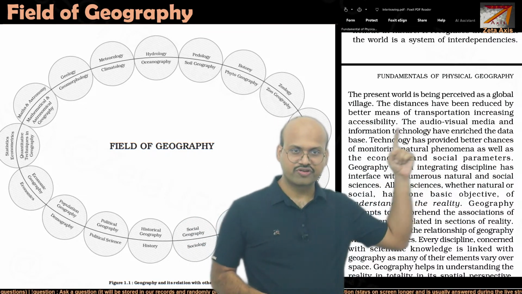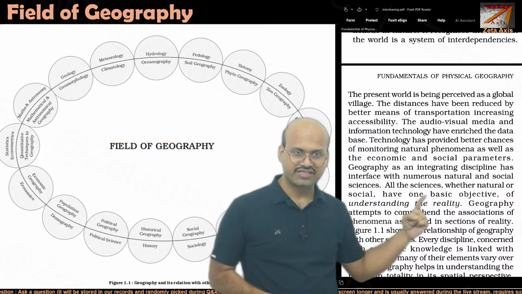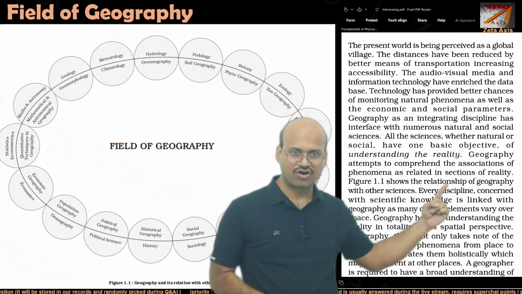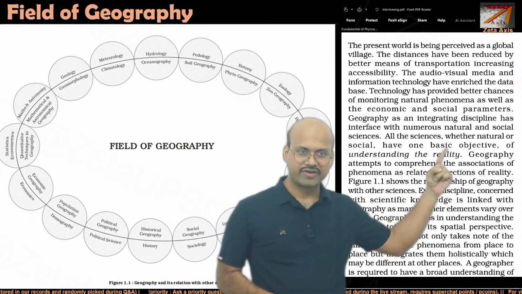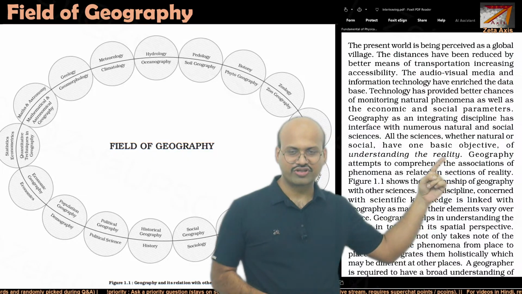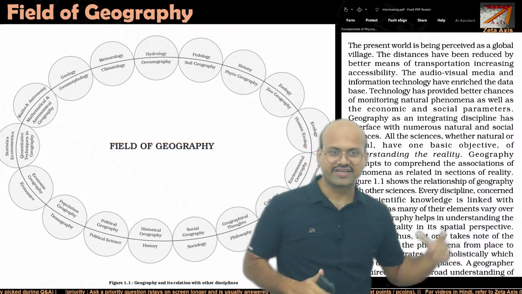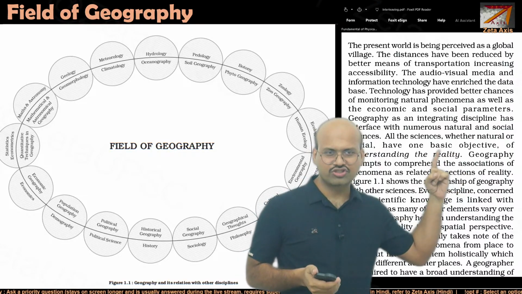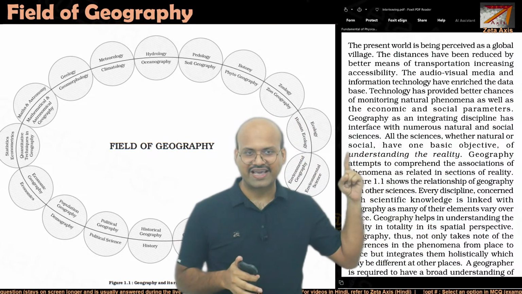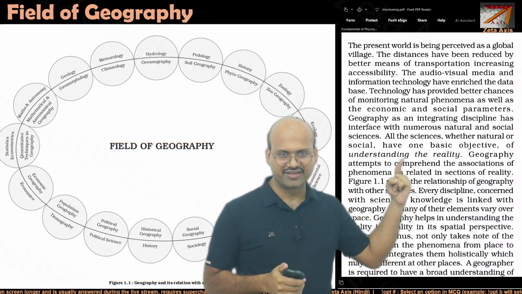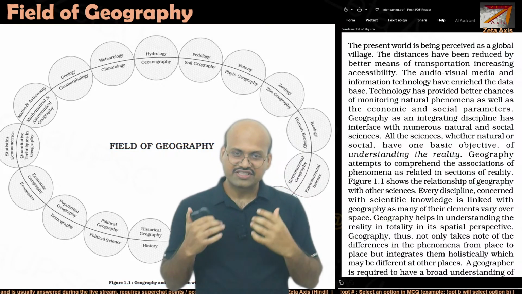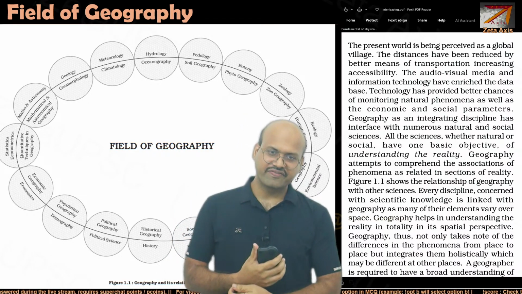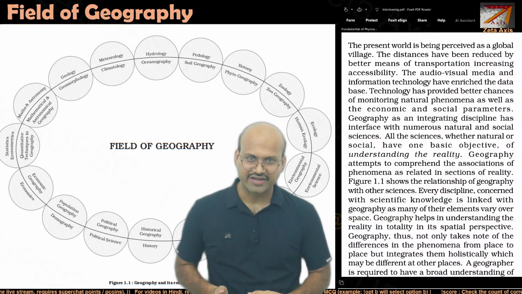All the sciences, whether natural or social, have one basic objective of understanding the reality. So it says that it integrates all of them, and it is successful in integrating them because basically any field of science is actually trying to understand the reality.